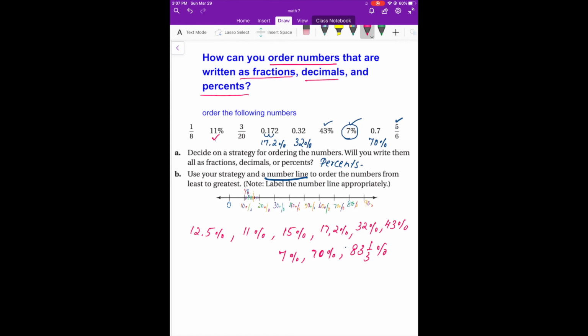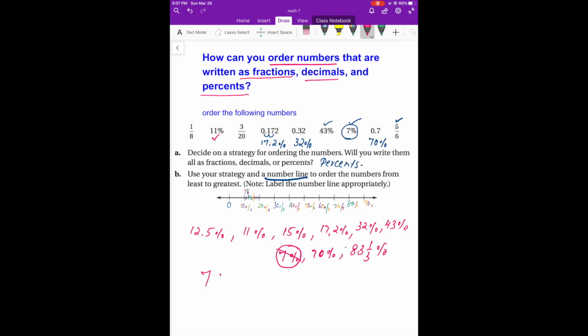So now let's order them, because it's hard to put that on a number line, because it's not a very long number line, and our range is a lot, the difference between the smallest and the greatest, that is the range. So let's look at the smallest one, that is 7%.